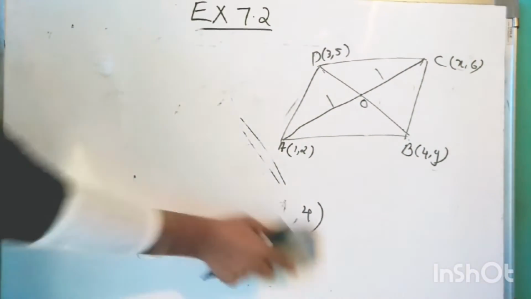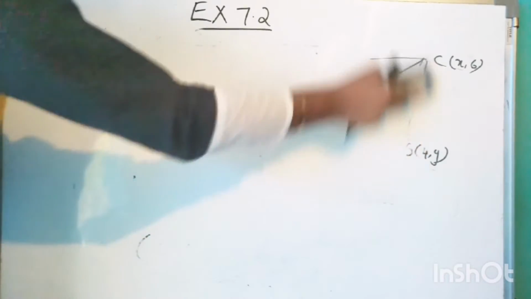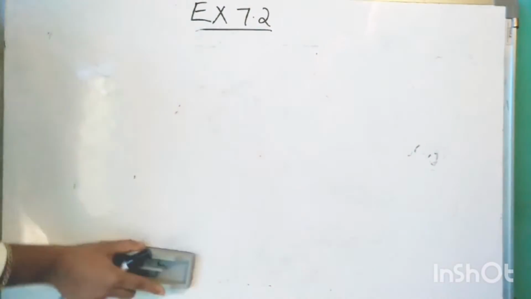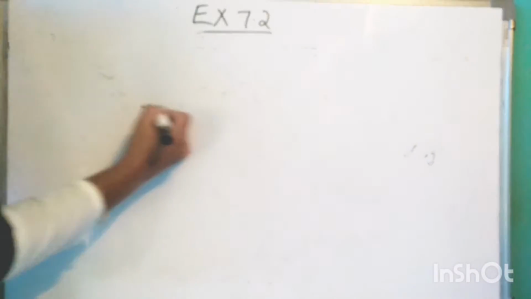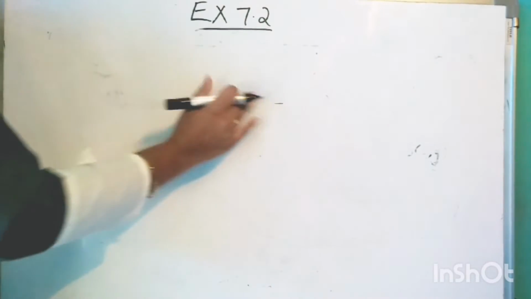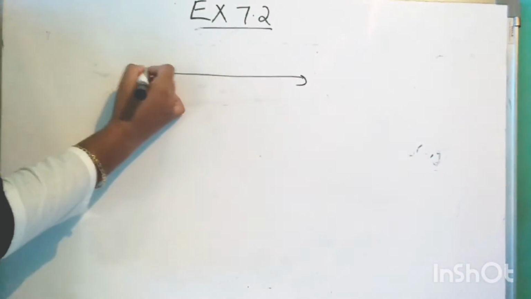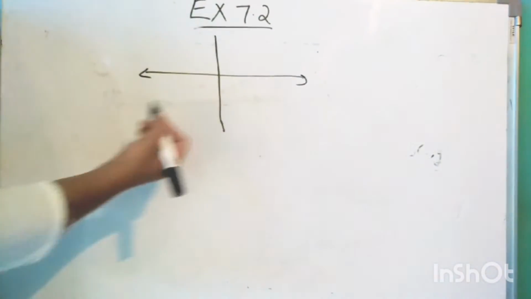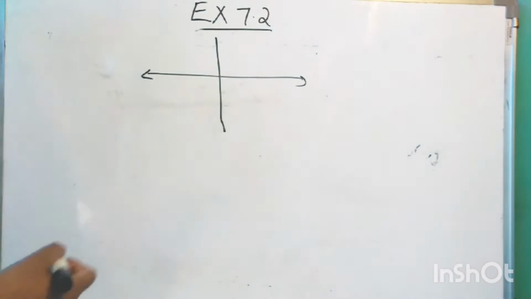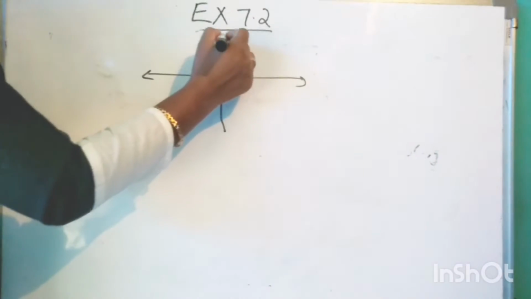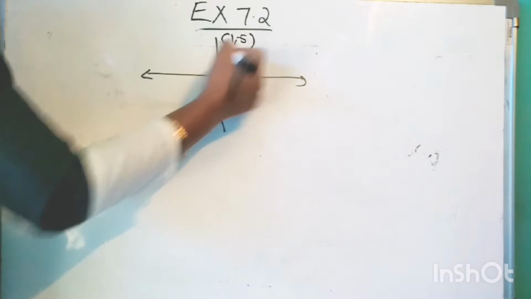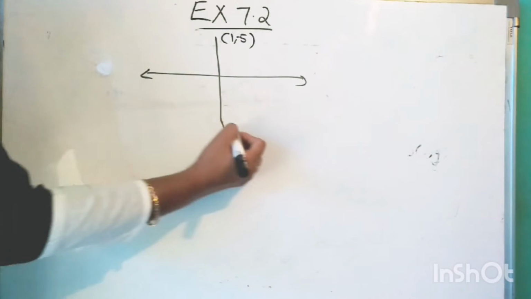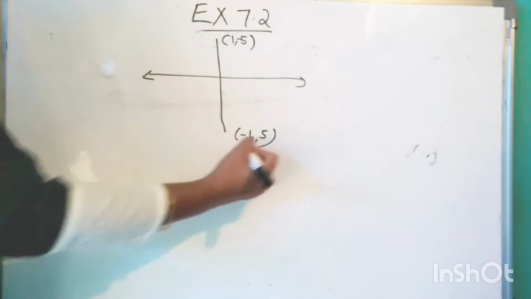Here the x-axis divides the line. Suppose this is our x-axis, and this is our line joining the points (1, -5) and (-4, 5).